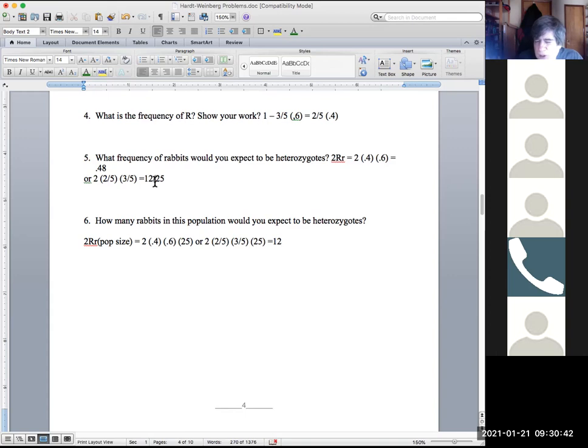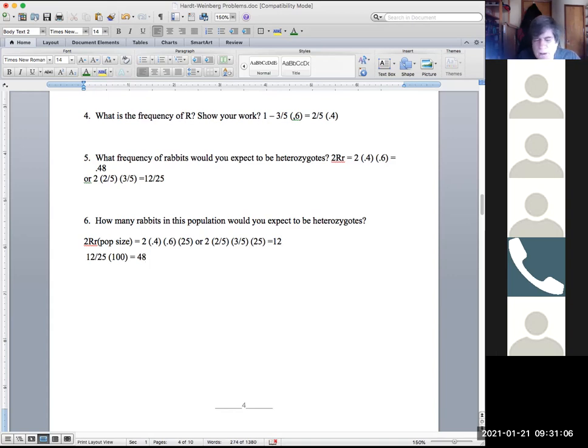Well, since our population size is 25, that means 12. But notice if our population size was 100 rabbits, then we would expect 48 of those rabbits to be heterozygous.